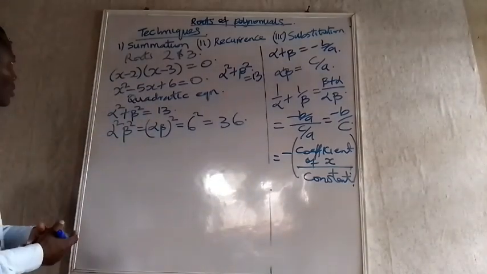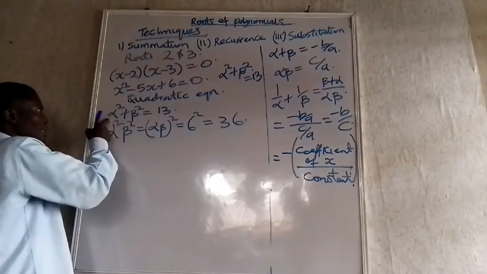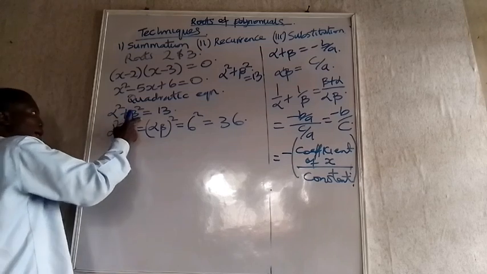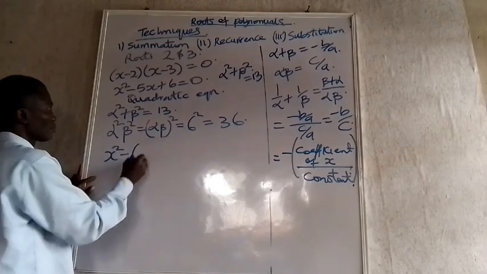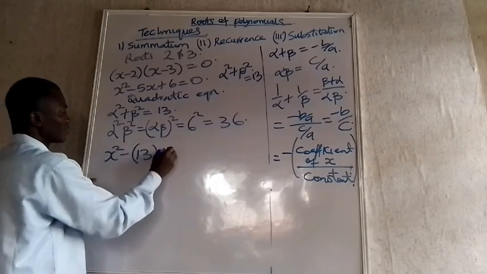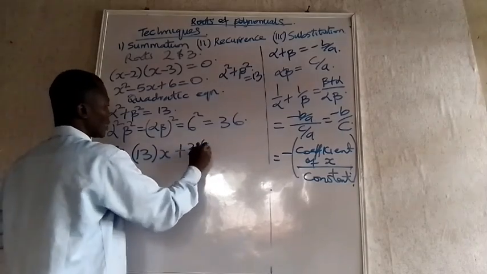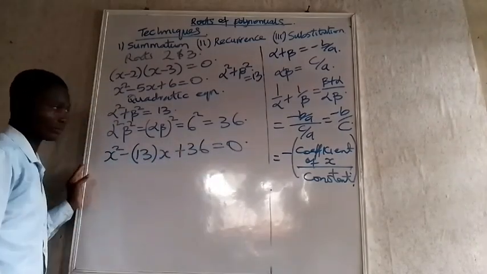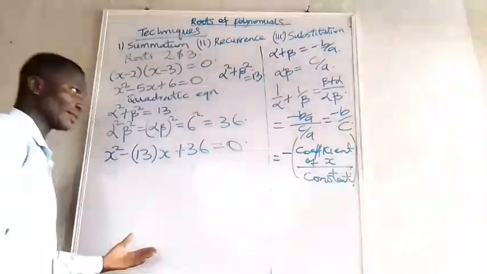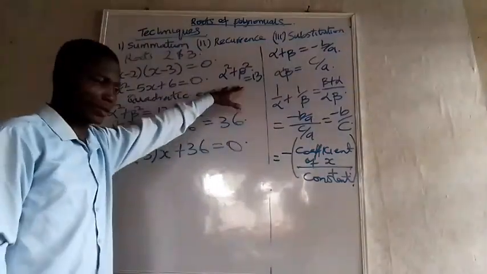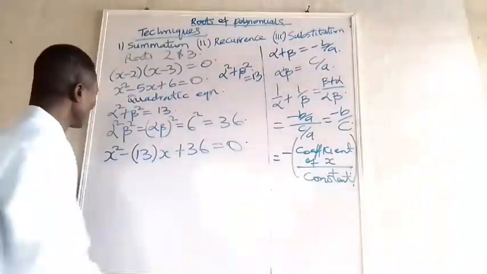So the new equation with roots alpha squared and beta squared is going to be x squared minus 13x plus 36 equals 0. With recurrence, we have been able to get this. This is the same thing we'll do with recurrence.